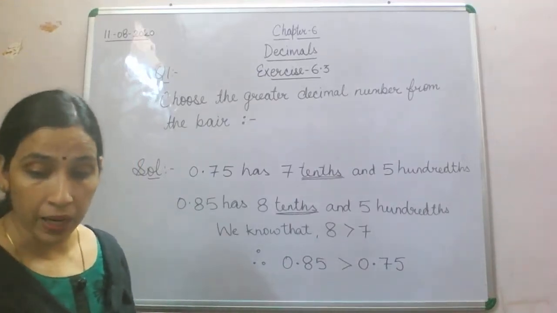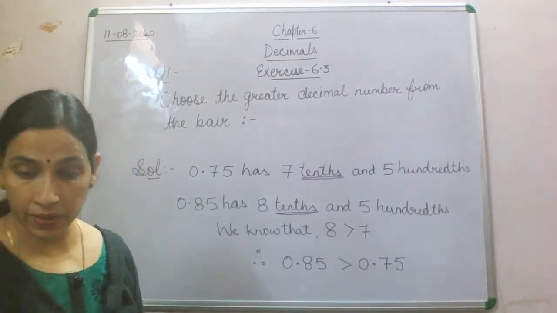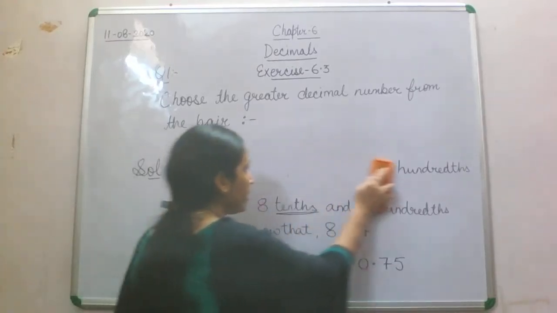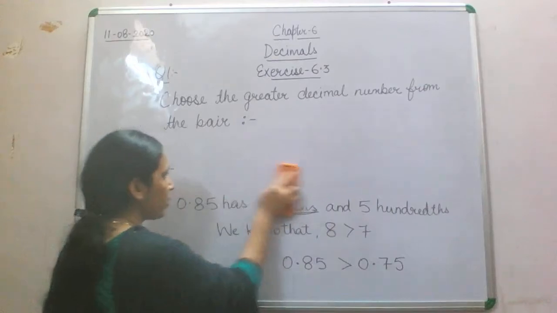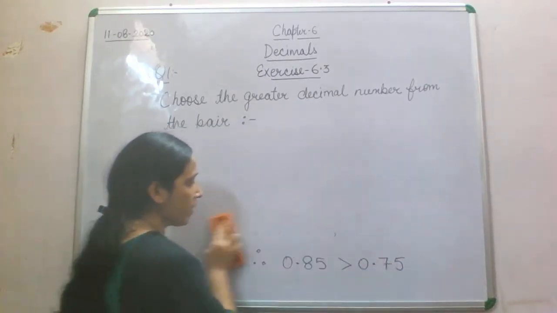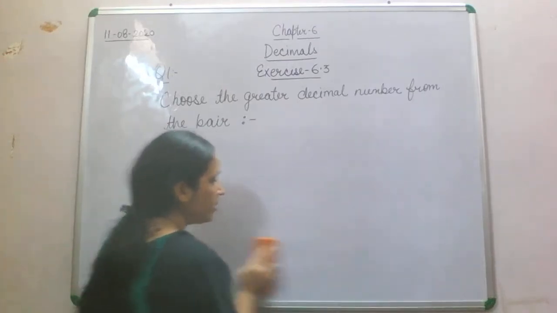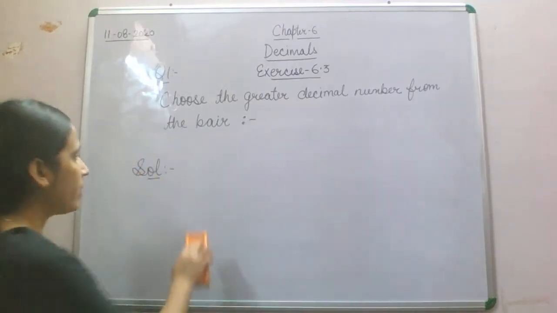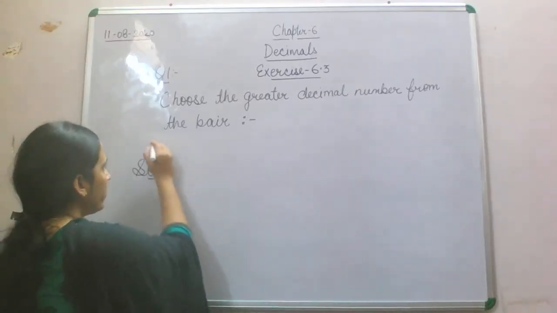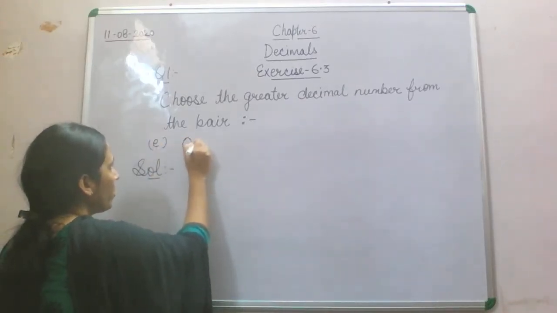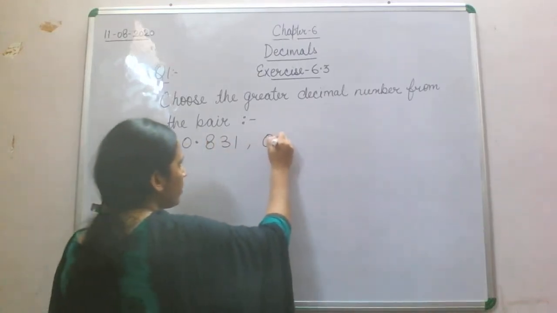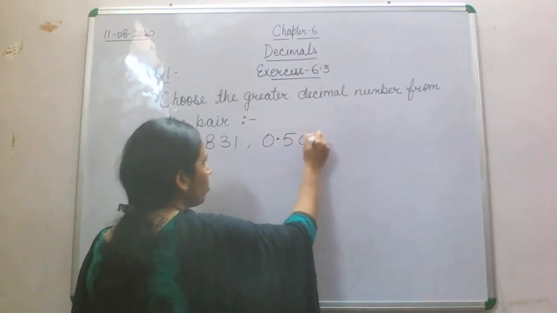We'll do the E part. That is a little bit difficult, 0.831. So let's start our E part of this particular question. The E part is 0.831, comma, 0.509.